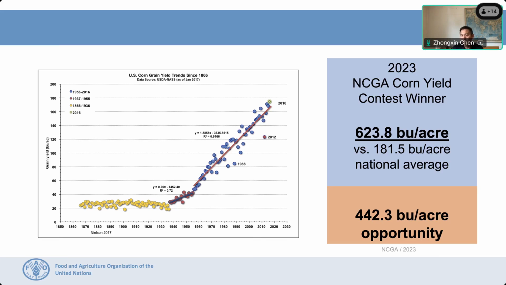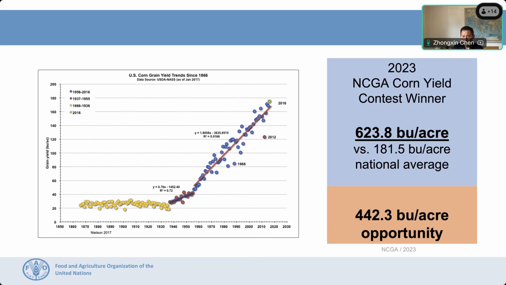We reached a kind of plateau period. So that's something challenging. But we know by various models and also by practice, we have great potential. For example, FEO has GAEZ, Global Agro-Ecological Zones. So we know there is huge potential.